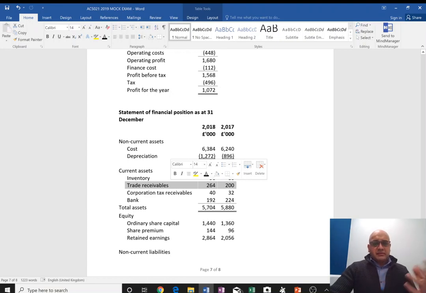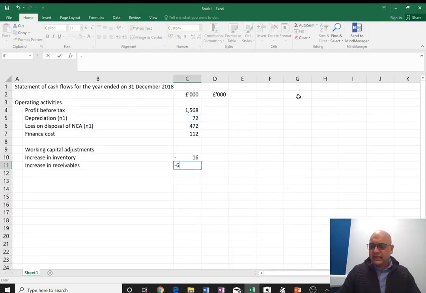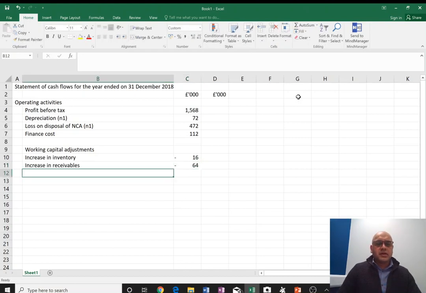Compared to last year, there are more receivables. More cash is with the receivables rather than being with you. So there is further investment in working capital, and it affects your cash balance negatively. So what we'll do is remove this 64 from our operating activities. That brings the cash down.